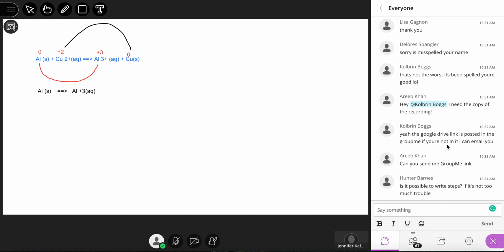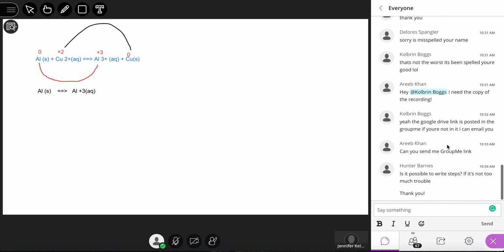All right, so step 1, give oxidation numbers, using the rules. Step 2, separate the half reactions. That's what we're doing at this point right here. All right, so the next half reaction is going to be copper 2 plus aqueous goes to copper solid.